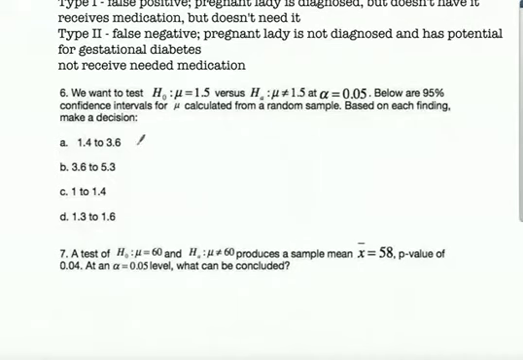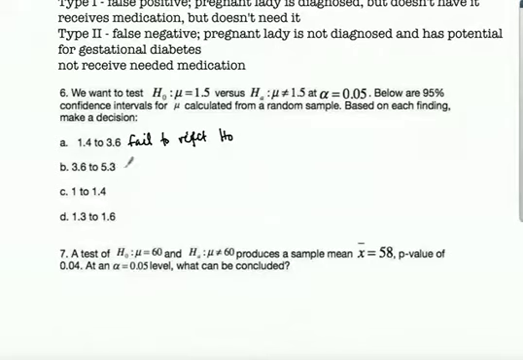So on A, if I'm looking at 1.4 to 3.6, 1.5 would be in between that lower bound of 1.4 and that upper bound of 3.6. So because our claim is inside that confidence interval, we would need to fail to reject the null hypothesis. And again, that's because our claim is inside the confidence interval.